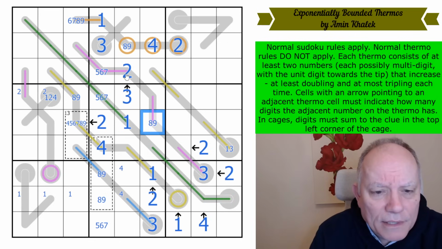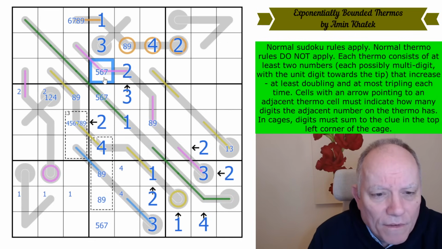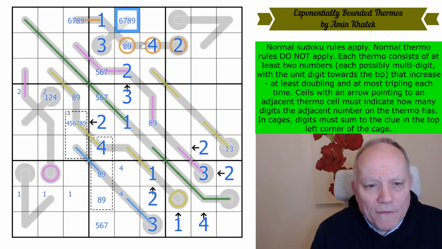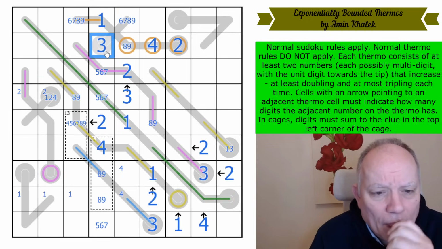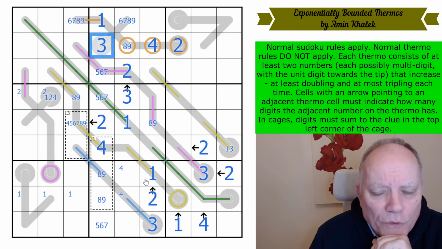Okay, well that's more deductions than I realized I was getting from using a digit that wasn't the first digit in a number. This one is somewhere between 6 and 9 by virtue of doubling to tripling the 3. 1, 2, 3, 1, 2, 3.